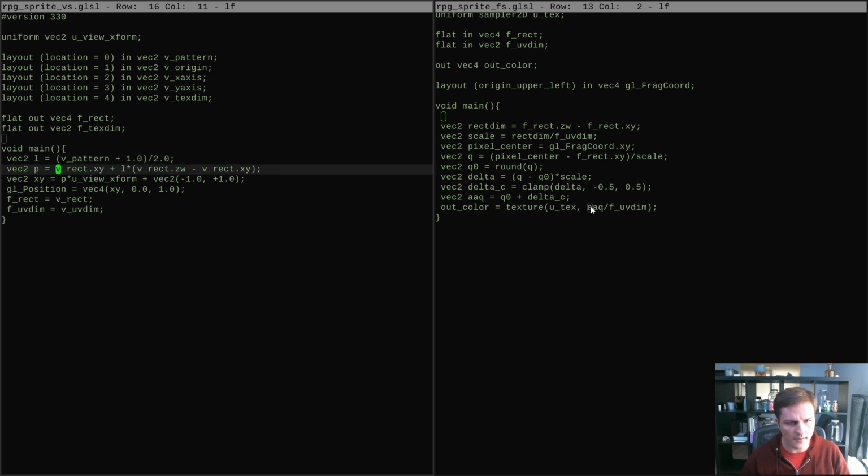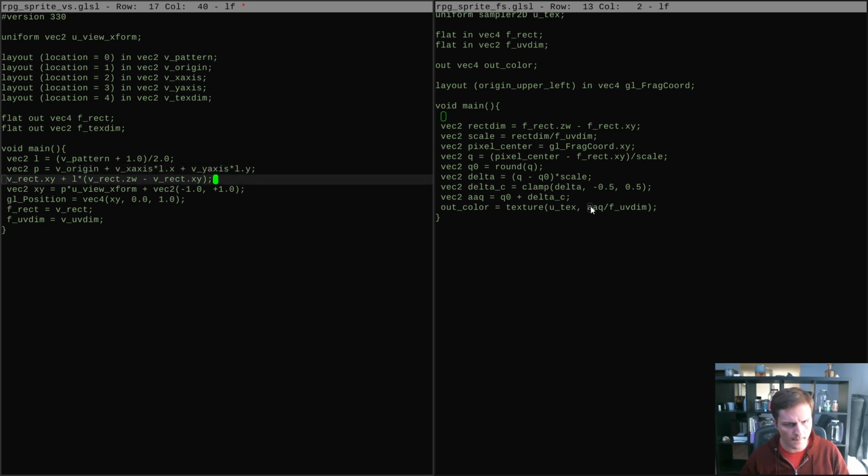We can no longer do it this way. P is now going to be calculated as V origin plus V x-axis times L dot x plus V y-axis times L dot y.